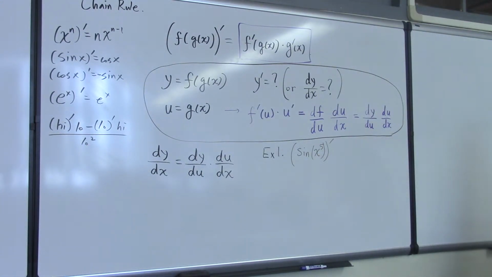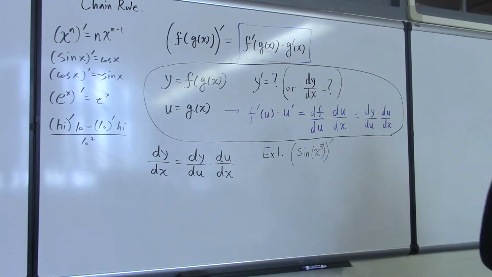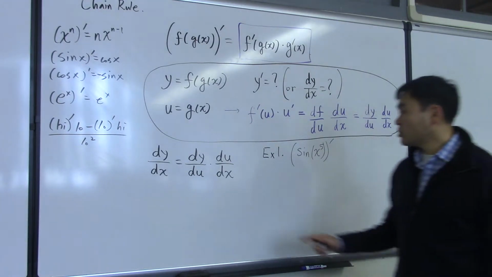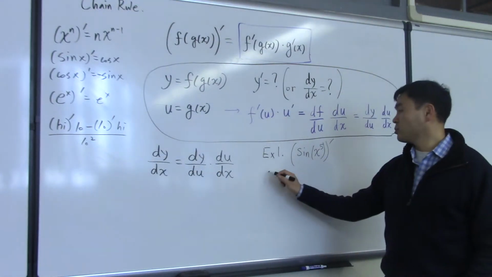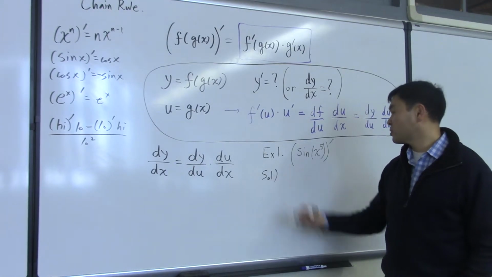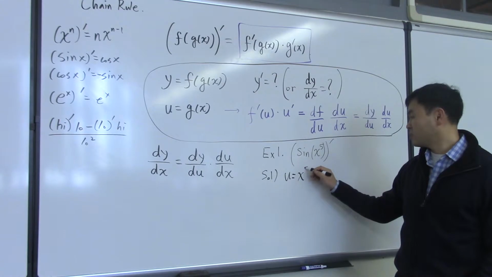So we see a nested function. X to the fifth power is nested inside the sine function. Okay? According to this formula here, the solution should be done as follows. First, you set u as the thing nested inside.